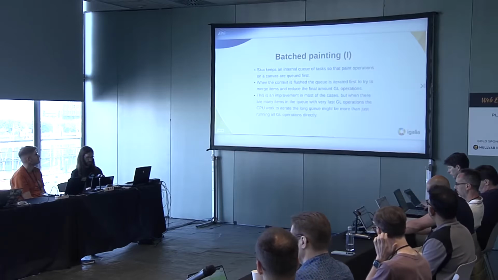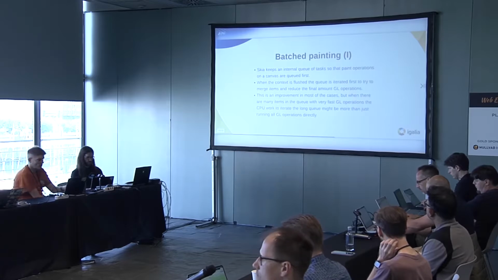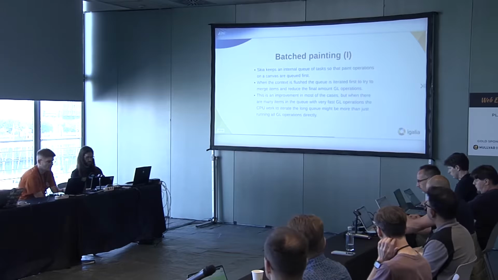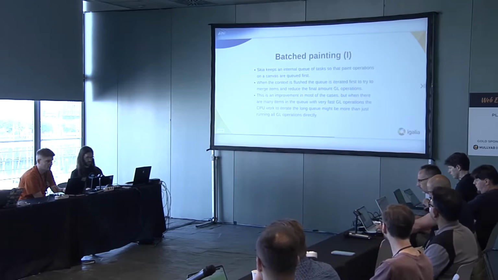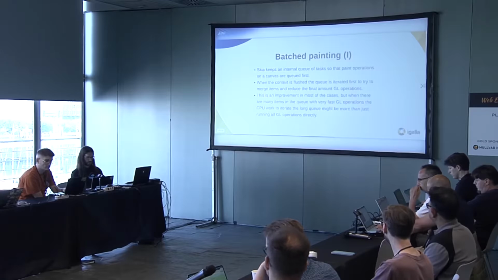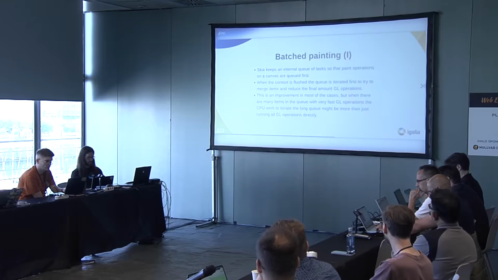And this queue is flushed either explicitly or implicitly by Skia whenever it is needed. And when this queue is flushed, Skia iterates all the tasks, and it tries to merge items to reduce the amount of draw operations that are actually executed by GL.